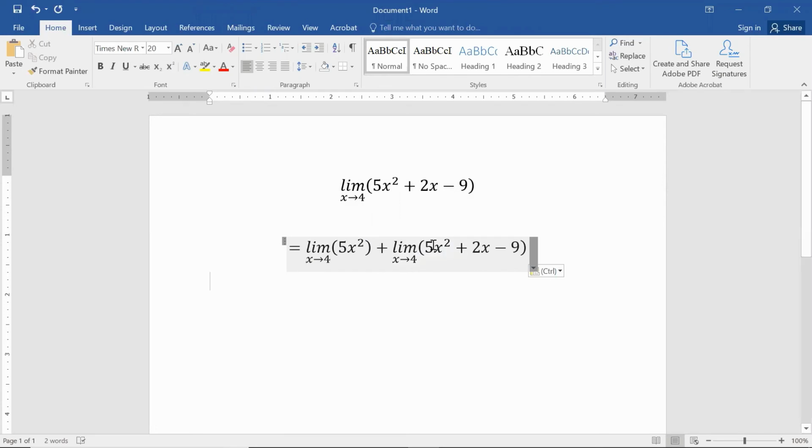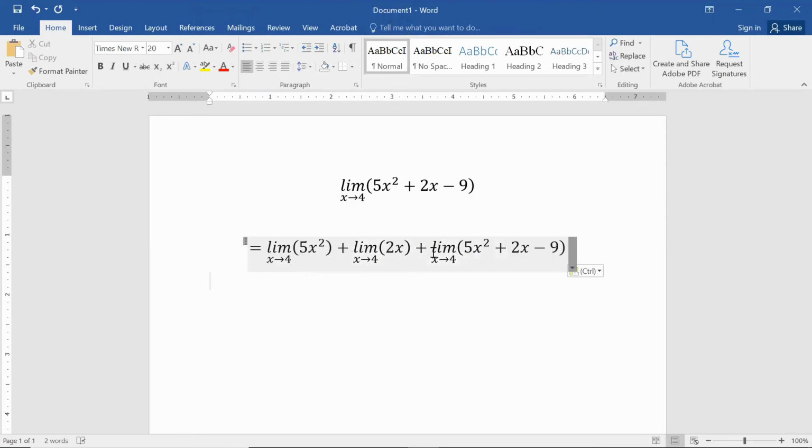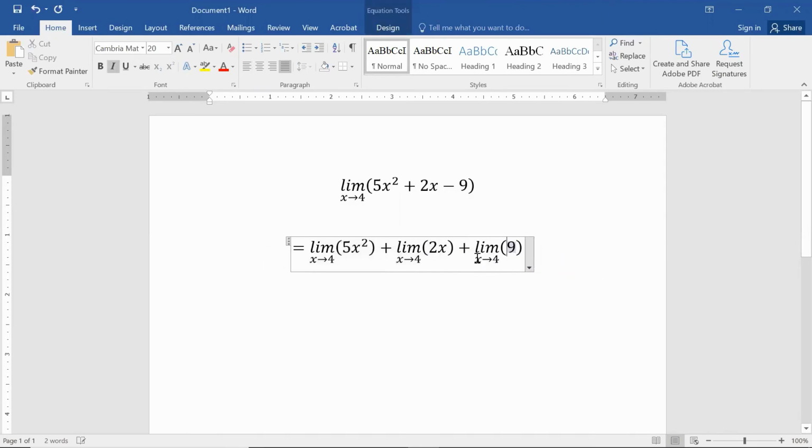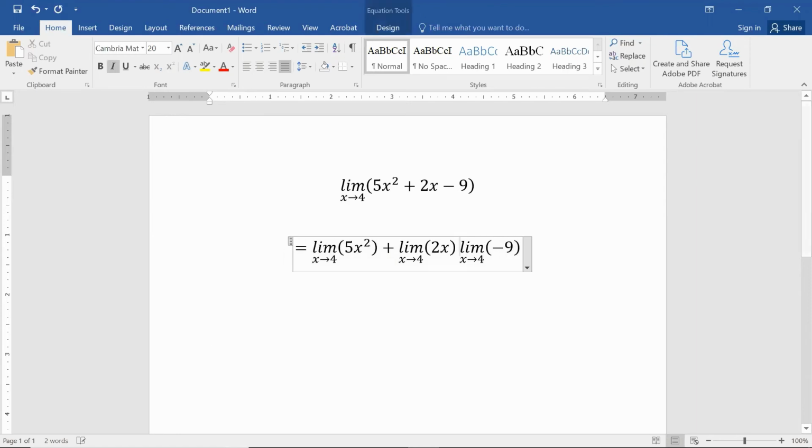Limit of the first term plus limit of the second term plus limit of the last term. And it doesn't matter on that last term if you put the negative sign out in front or inside, because remember, it works exactly the same with sums as it does with differences.